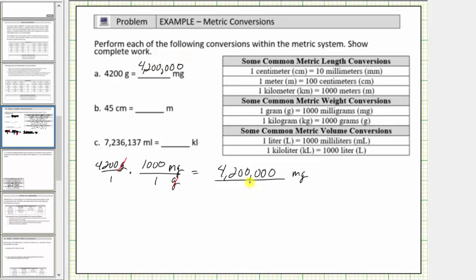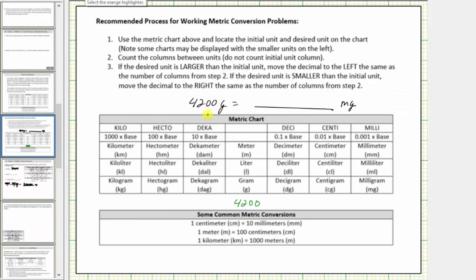Let's verify this conversion by looking at the table. We are converting from grams, which is in the middle column, to milligrams, which is on the far right. To move from the column from grams to milligrams, we must move 1, 2, 3 columns to the right, which means if we move the decimal point to the right 3 times in 4,200, we can determine how many milligrams in 4,200 grams.